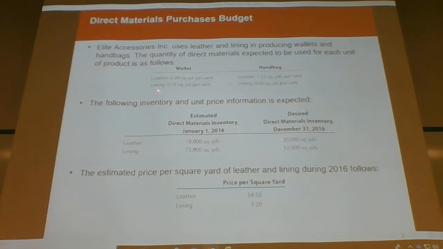Lining is 0.1 square yard per unit. For the handbags, these are bigger. So 1.25 square yards of leather per unit and a half of 1 square yard per unit for the lining. Okay? So these are what our inputs are going to be for each unit.